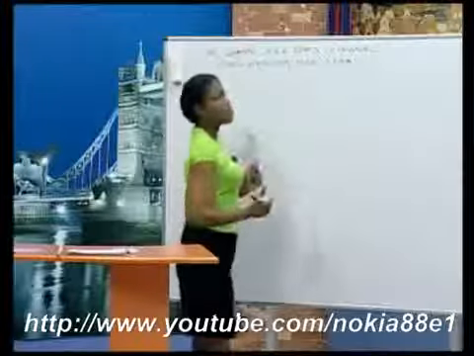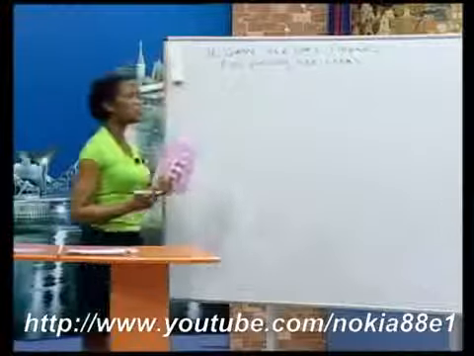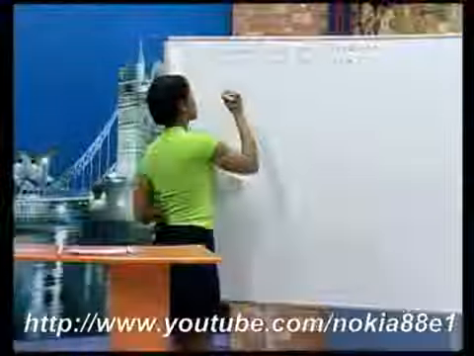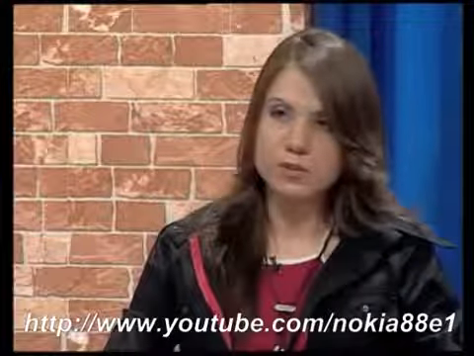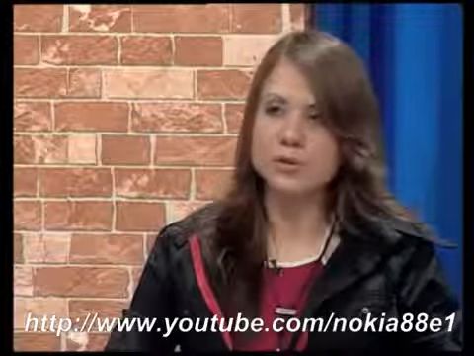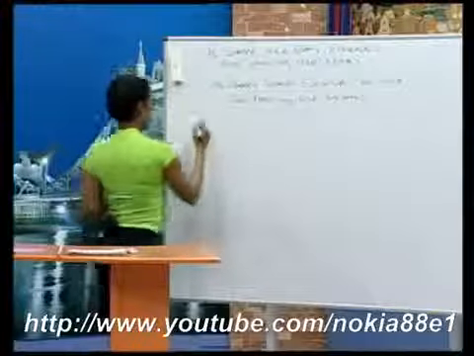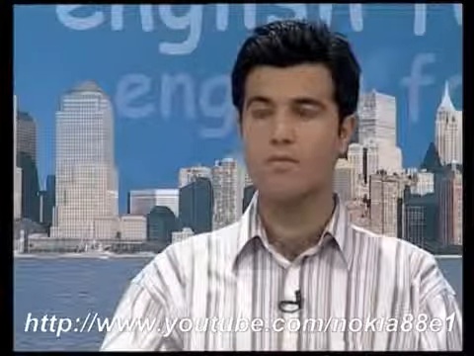Good. And how do we say the sentence if we change the positions of the direct and indirect objects? He gave some flowers to her for passing her exams. Very good.